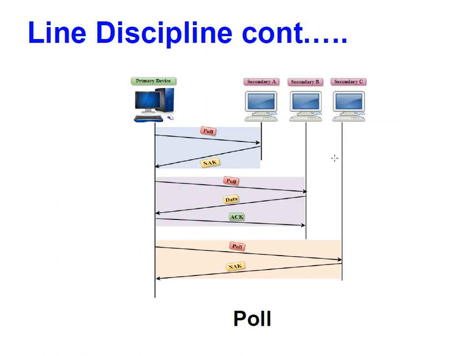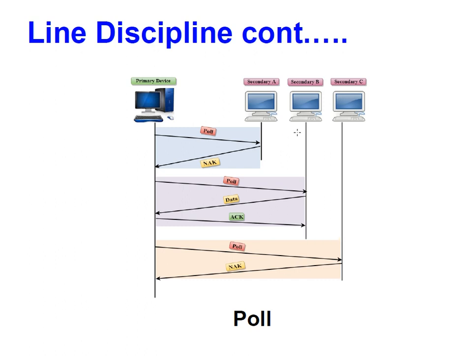If station C also responds in that way, by sending a NAK in reply to the poll frame, then it understands that there is nothing to send. There also no data is there to communicate. It will then try station B. It sends a poll, and the secondary sends the data, and after receiving the data it will send an acknowledgement.